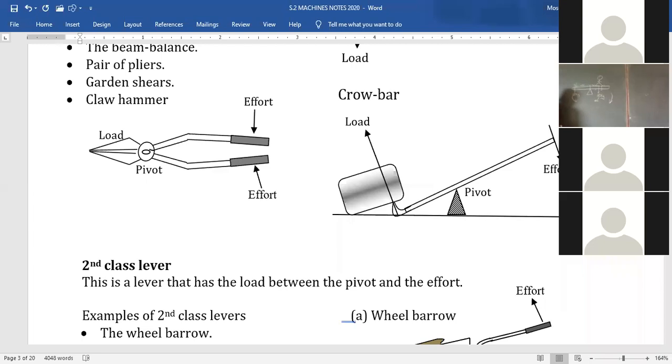Let's go ahead and just substitute. I'm beginning with the anti-clockwise. 20 times x equals 80 times 1.